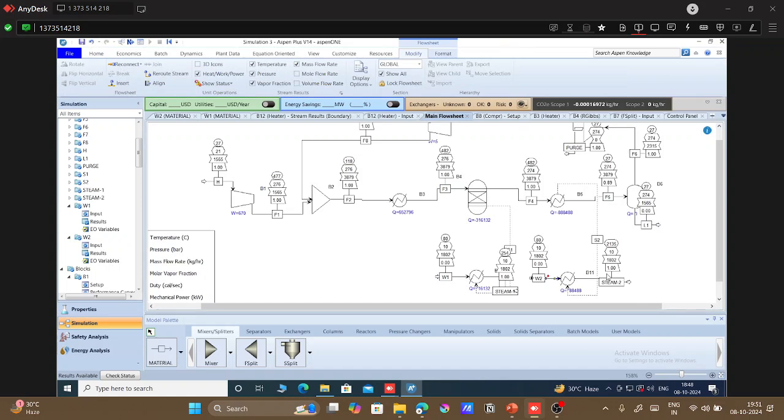But now what has happened? If you look at the temperature value, here the temperature value is 254 degrees centigrade at 10 bar, which could be some reasonable value. But for the second heater, the temperature value is going till 2135 degrees centigrade, which is too high.